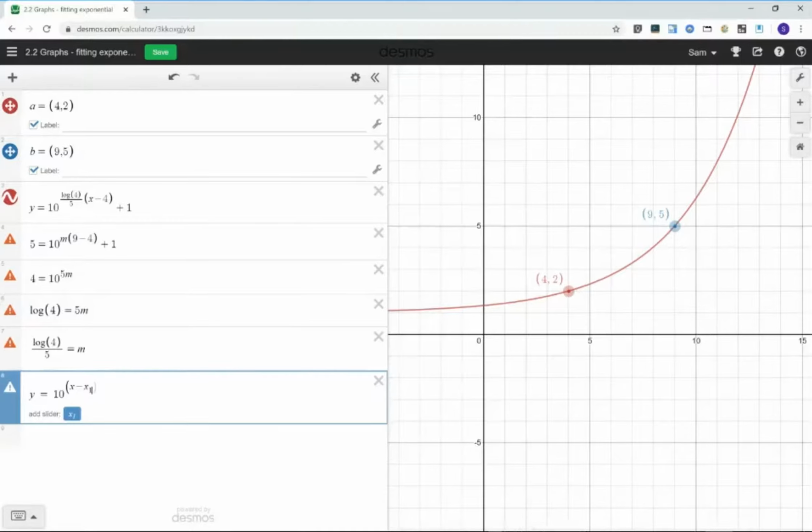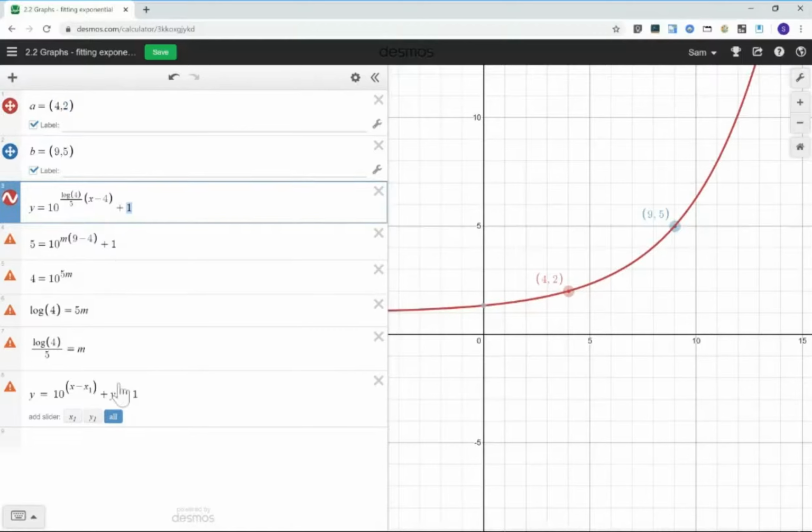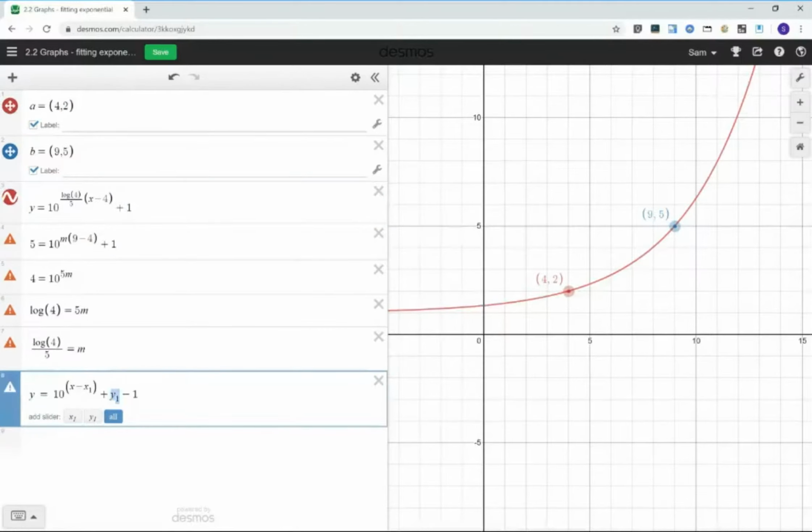But we shifted it by the first x value, which is x1. And we moved it up by the first y value. But we took away 1 to account for the asymptote. Instead of moving up by 2, we only moved up by 1. So instead of moving up by y1, we're only going to move up by y1 minus 1.